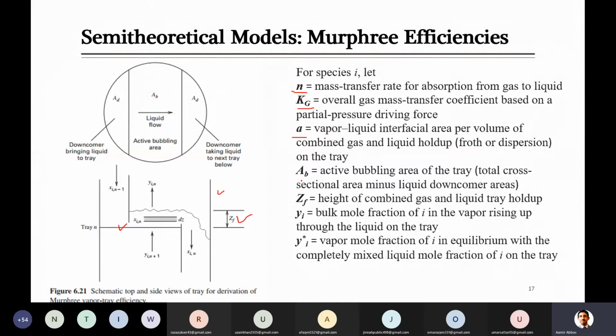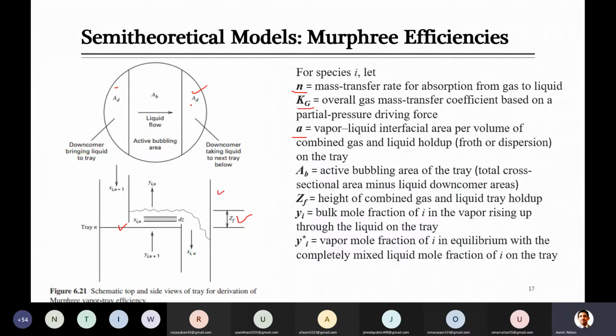The overall tray area is considered as capital AT. Later on we will see AT, the total area of the tray, and out of that area, there is some part in which vapor and liquid come in contact with each other, while there is some portion on the tray where there is space for the liquid coming from the top tray to this tray, that is called the downcomer area. As well there is a downcomer area for transfer of liquid to the downward tray. It is mentioned here in the diagram as AD.